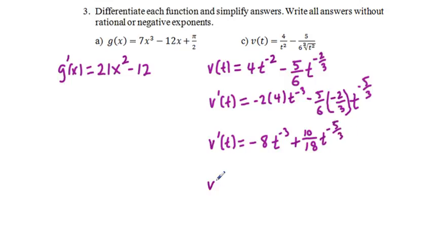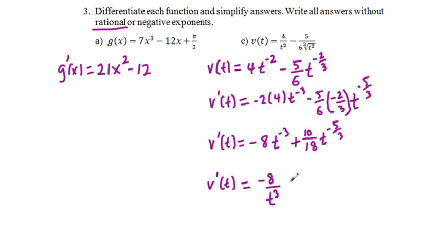Okay, the last step here, we get rid of our negative exponents, and we're not going to write with rational exponents, we're going to write with radicals. So we have negative 8 over t to the 3rd power, and this 10/18 simplifies to 5/9.